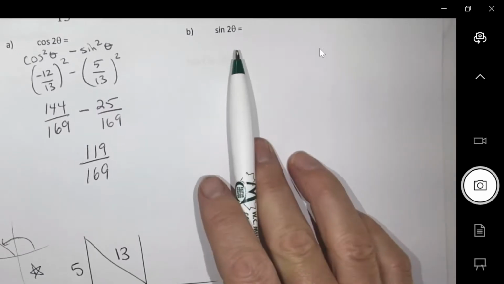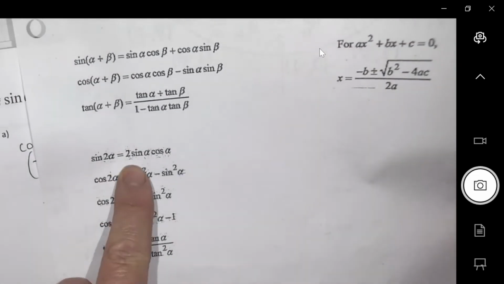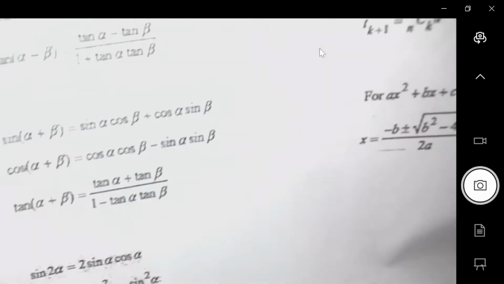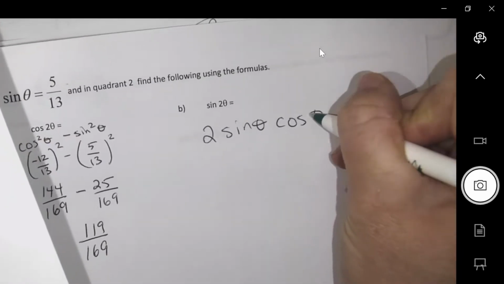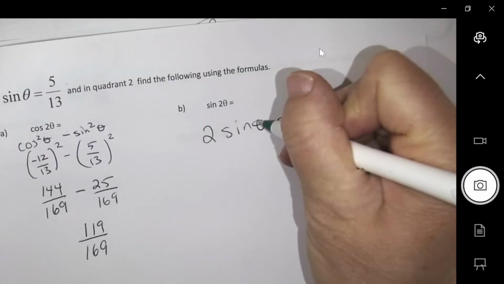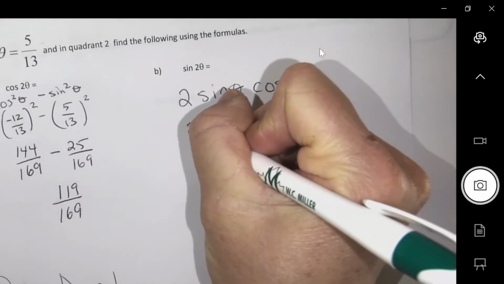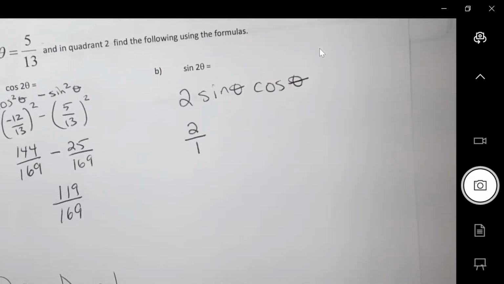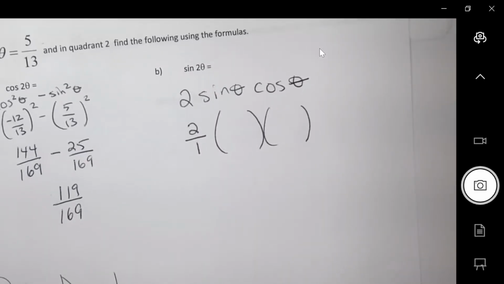Okay, sine 2A, or sine 2 angle. So this is the formula. There's only one option. So find it on the formula sheet. So 2, I'm going to write it as 2 over 1 just to help my brain organize stuff. Fill in the fractions.